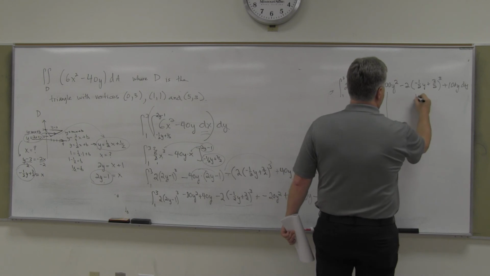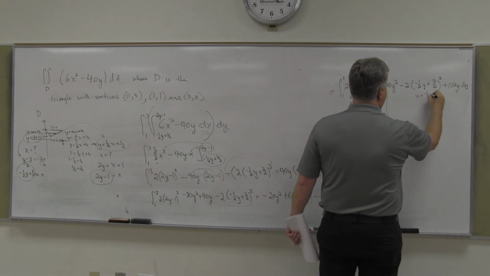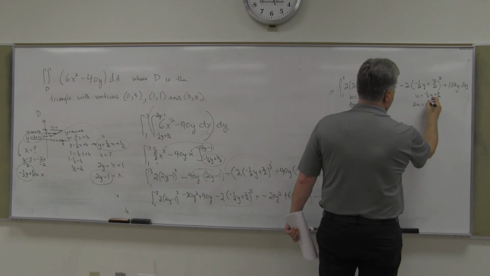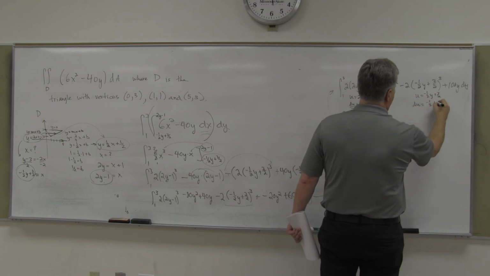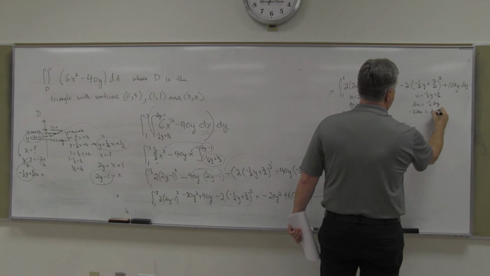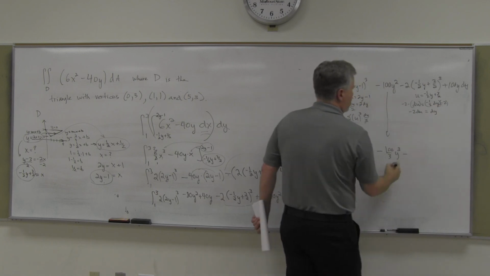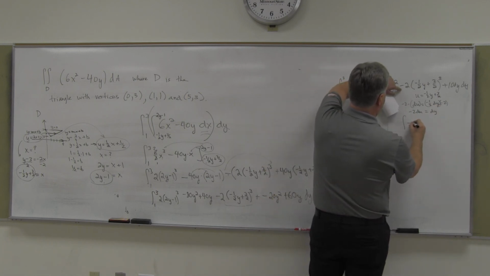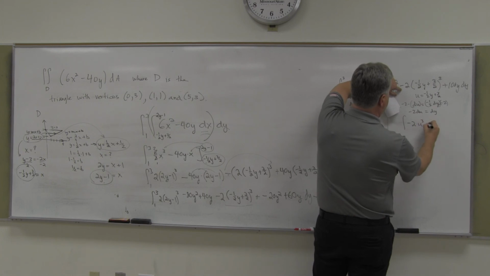This again, just another u substitution, negative 1/2 y plus 3/2. So du would be negative 1/2 dy. So negative 2 du is dy. Multiply both sides by negative 2. Anyway, all right, so that gives me the integral would be negative 2 u cubed times negative 2 du.